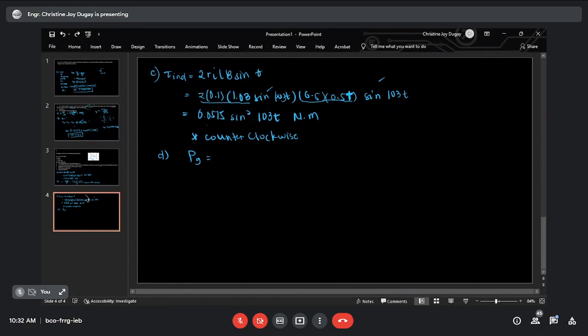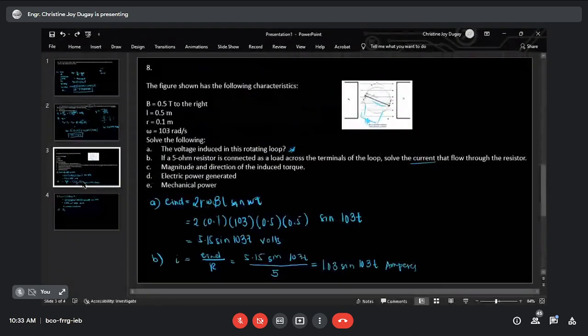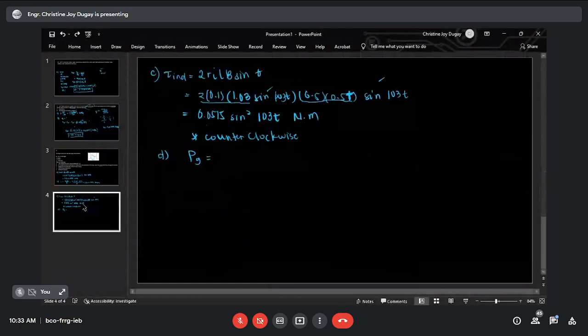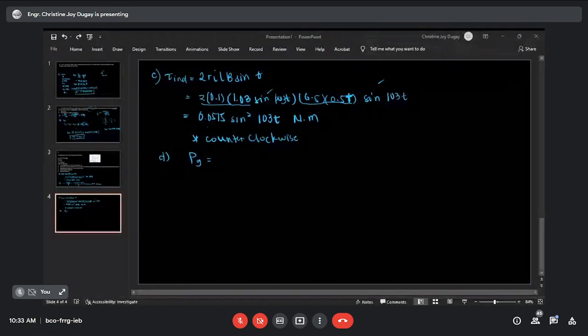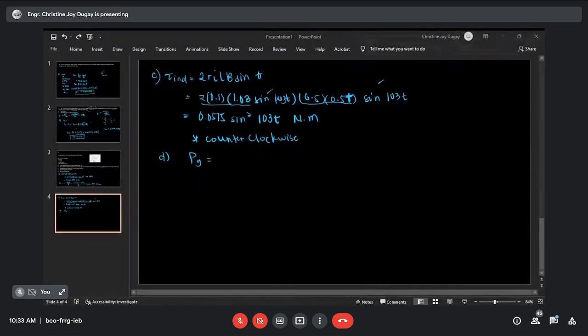So, paano ngayon natin kukunin ang power? Power is equal to voltage times current, ma'am. Yes, tama si Mr. Miguel, no?